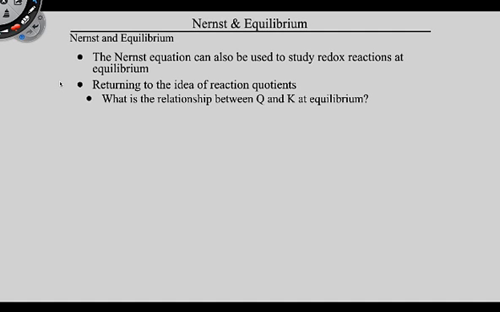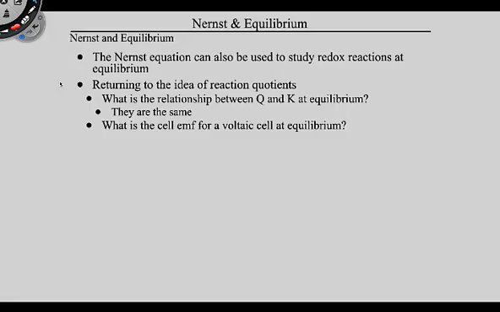It's interesting. Guys, remember reaction quotients. What is the relationship between Q and Kc when a reaction is at equilibrium? They're the same, right? Q is Kc at non-equilibrium conditions, so if it's at equilibrium, Q is Kc. But what about this? What is the voltage of a battery at equilibrium? 0. It's dead, right?